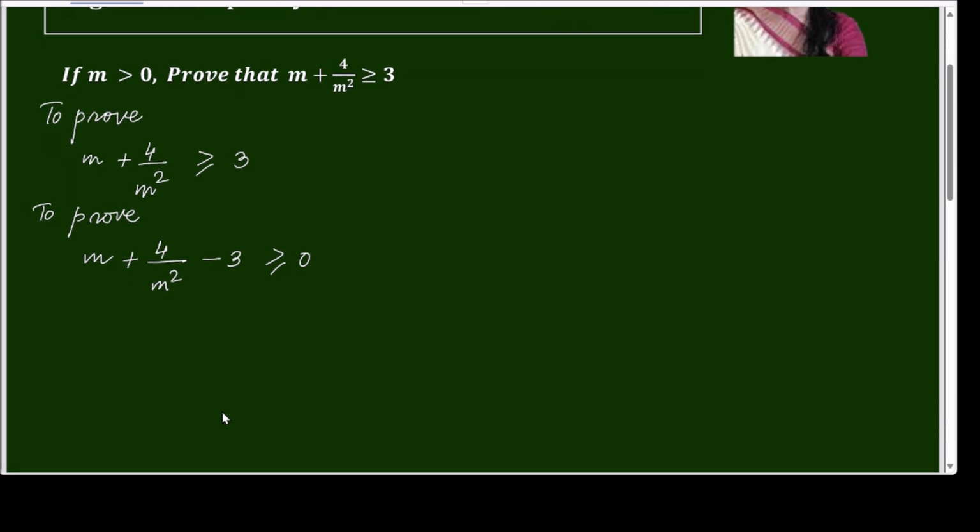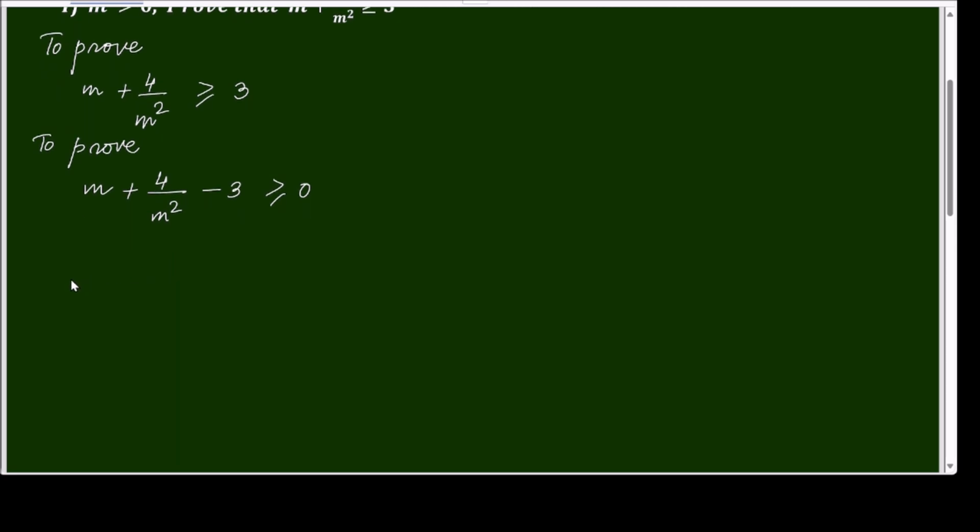It is the same meaning. Now coming to the left hand side, if I simplify, to prove m cube plus 4 minus 3m square over m square is greater than or equal to 0.